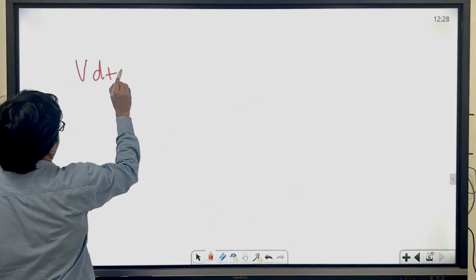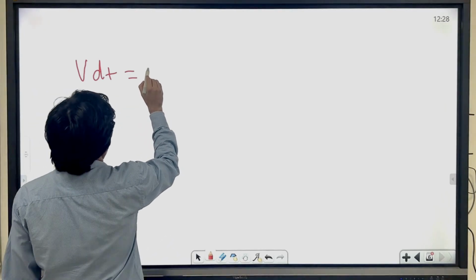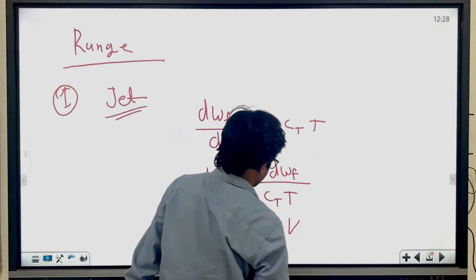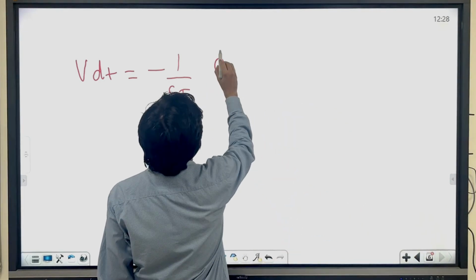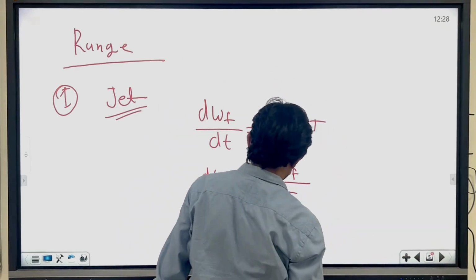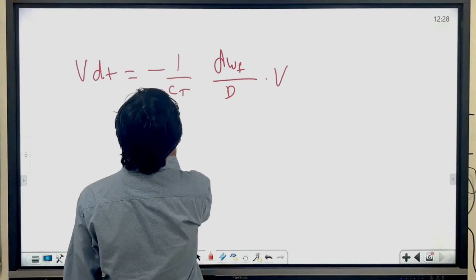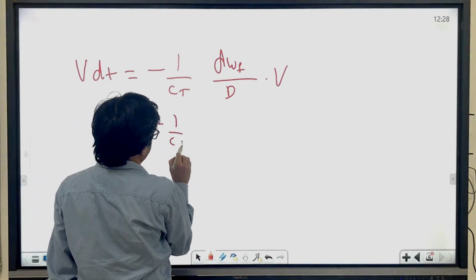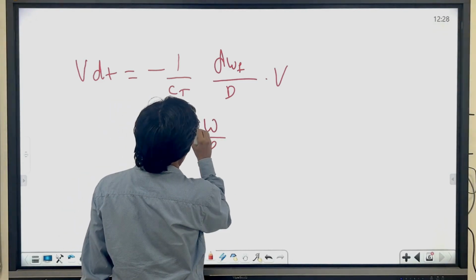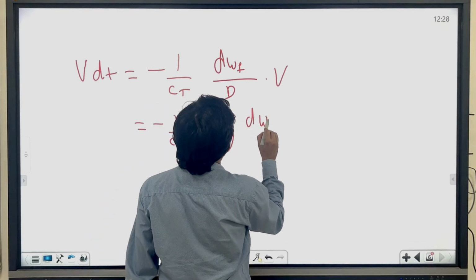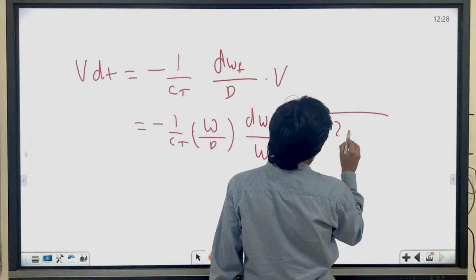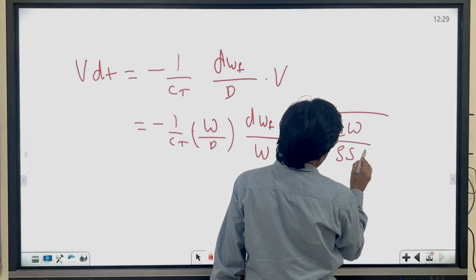Okay, V into dt equal to 1 upon Ct dWf by d into V. Okay, we'll go step by step. 1 upon Ct, and you multiply by W and divide by, and you substitute this V as 2W by rho S Cl.